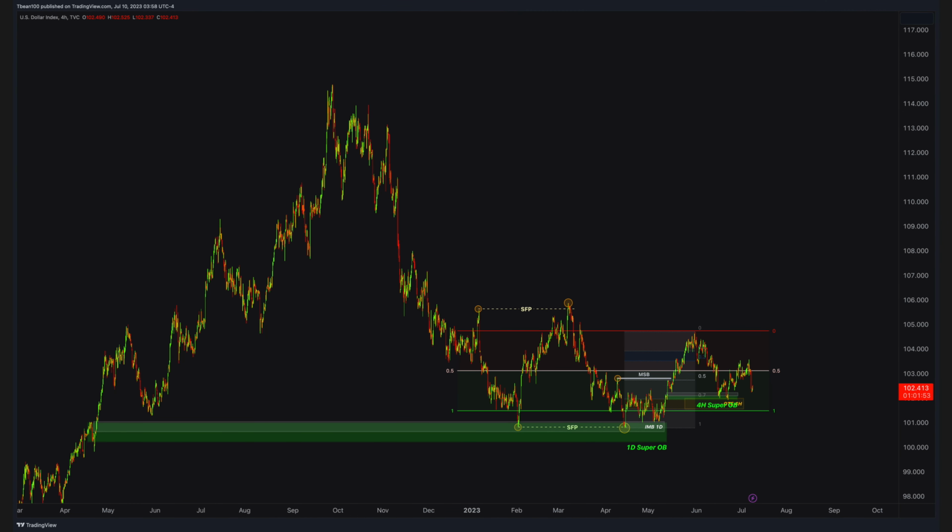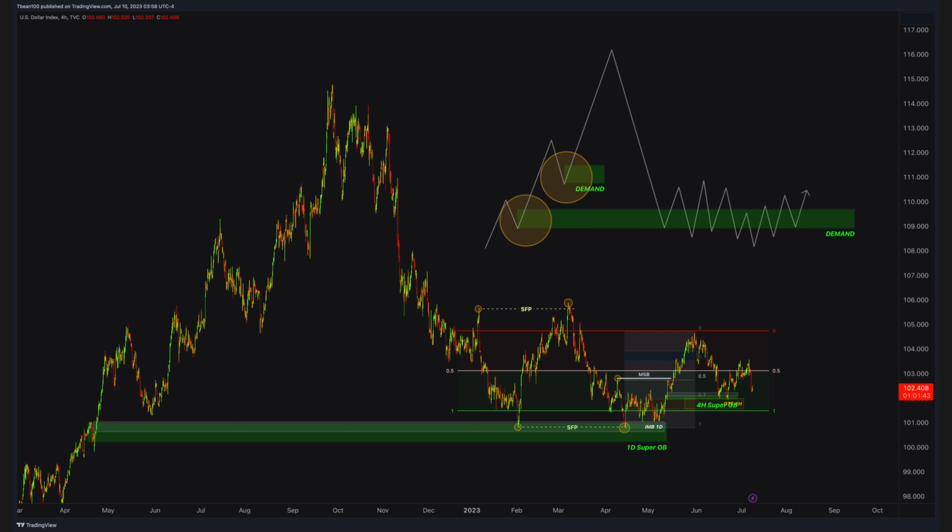Before we move on with lower time frames, let us graphically summarize what happened up until now so you can understand much better. As you can see, price moves with similar structures like this. Not the best structure in the world, and it keeps creating demand areas.